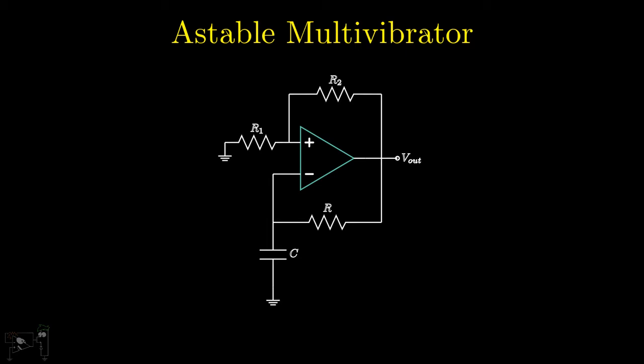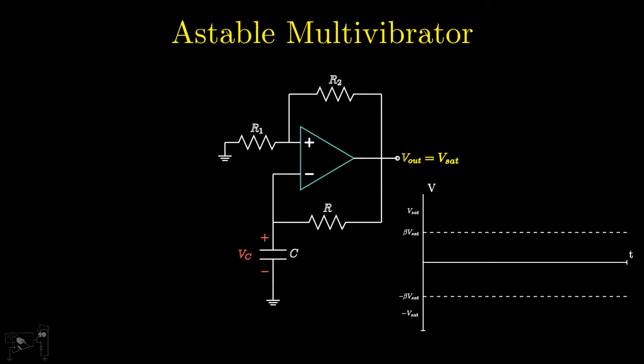When the output is at plus Vsat, the capacitor starts charging towards Vsat. Once the voltage across the capacitor reaches beta Vsat and exceeds a bit, VID becomes negative and hence output switches to minus Vsat.